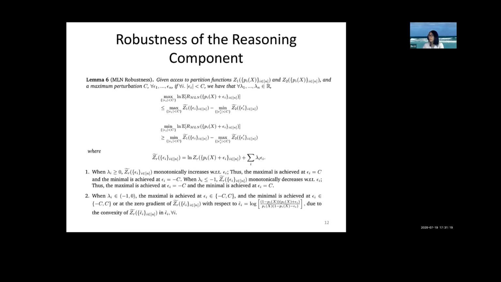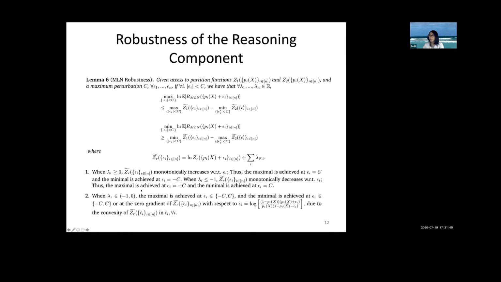Remember that Z1 defines the possible worlds that give you the ground truth assignment aligned with the knowledge, and Z2 defines the set of all possible worlds. The conclusion is that when we have a ratio lambda larger than 0 or smaller than -1, we can exactly get the solution for this min-max problem.